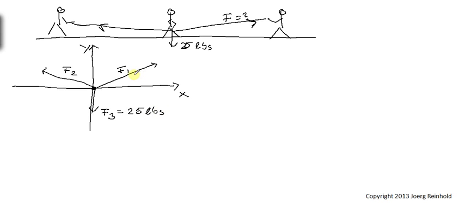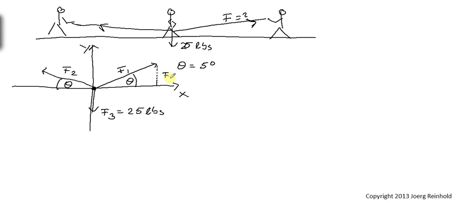Now let's assume that everything is symmetric and that this angle is the same as this angle. So this is the angle theta. Let's assume the angle theta is 5 degrees. These vectors now have components.